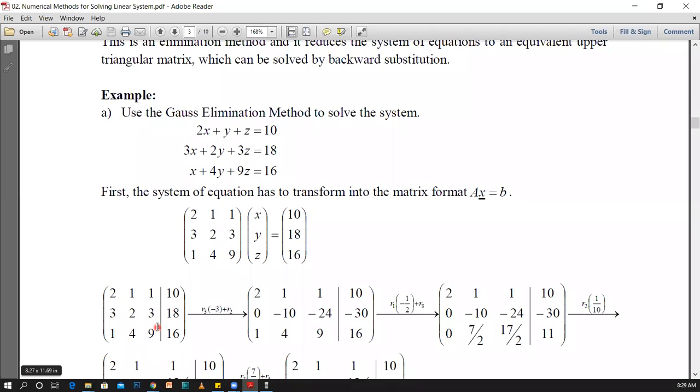On the left hand side of the vertical line you have the coefficients of the variables, and on the right hand side you see the constant terms of this linear system of equations. Therefore, you can call this the augmented matrix. In the augmented matrix, now you can see here 2 1 1, and the value on the right hand side was 10.